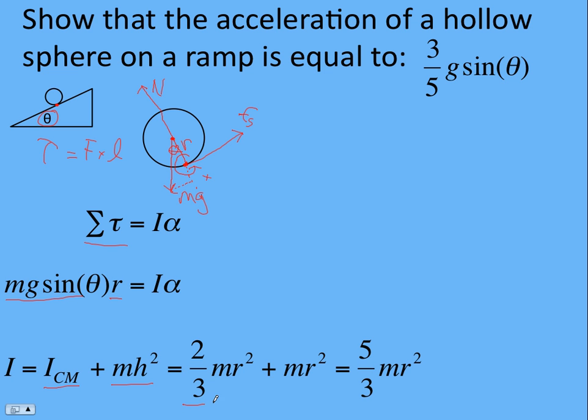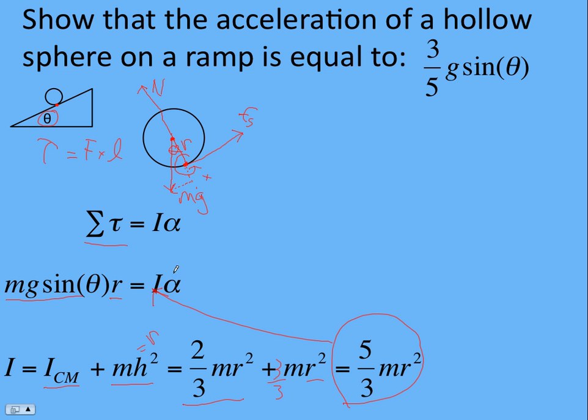The rotational inertia about the center would be given to you if this was on the AP test, 2/3 mr squared, and then the correction term, h, is the distance from the center of the object to the rotation axis. And so h equals r in this case, and so the correction term is mr squared, and so that's 3/3 mr squared plus 2/3, so we get 5/3. So we can put that into here for the rotational inertia.